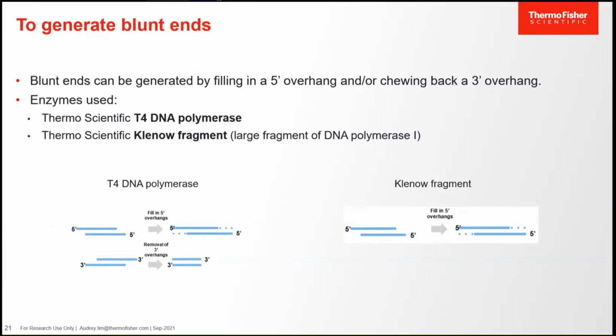Both T4 DNA polymerase and Klenow fragment can fill in the 5' overhang, and T4 DNA polymerase also possesses 3' to 5' exonuclease activity, which can chew back the 3' overhang. Usually a combination of T4 DNA polymerase and Klenow fragment is used for blunting.